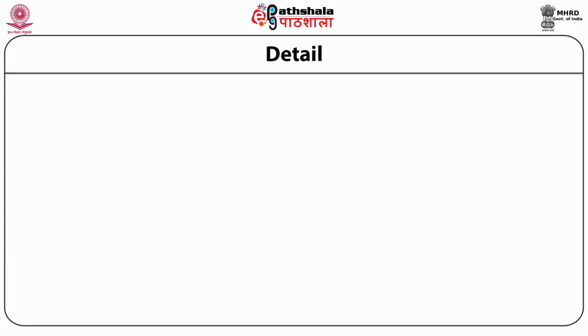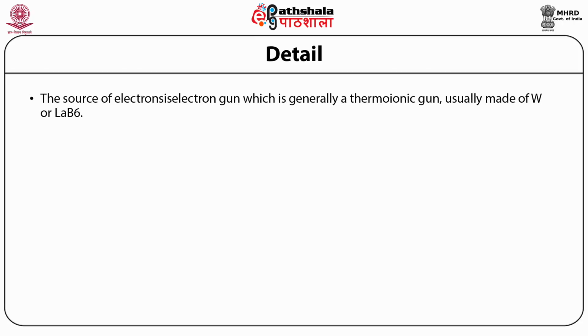As can be seen in this figure, the source of electrons is the electron gun, which is generally a thermionic gun. This thermionic gun is usually made up of tungsten or LaB6. Electrons are produced by thermionic emission, that is, by heating the tungsten or LaB6.